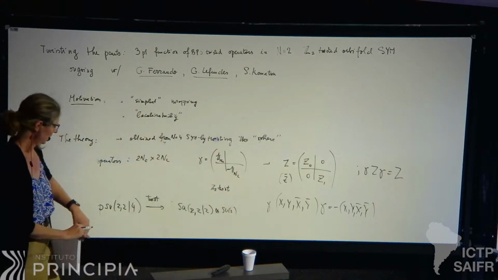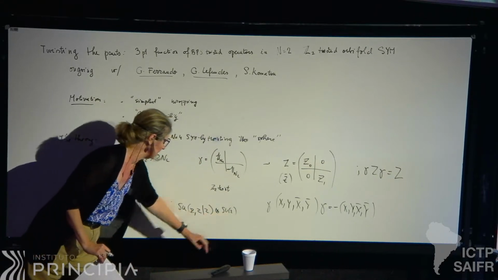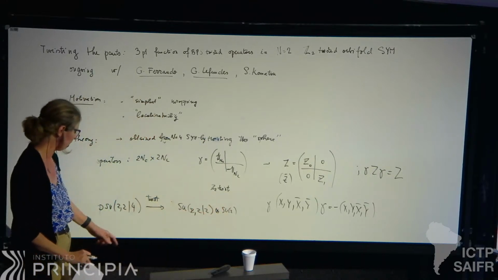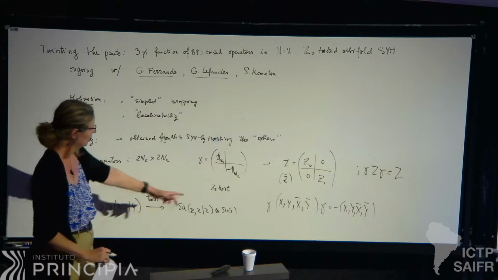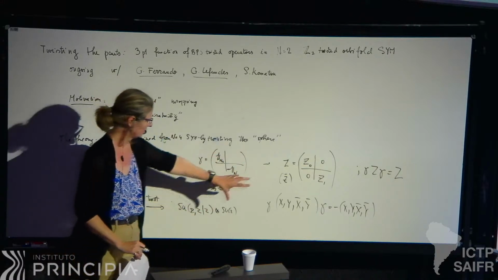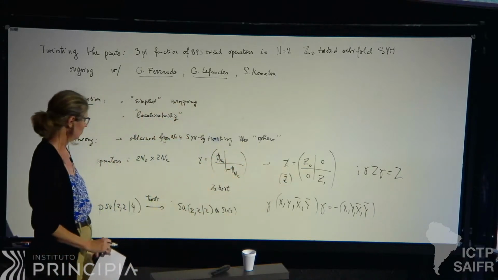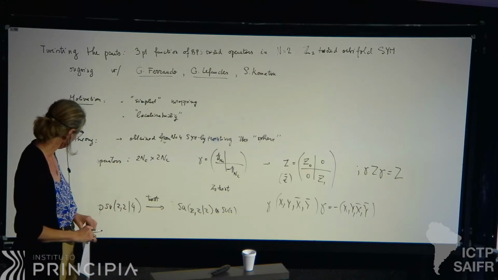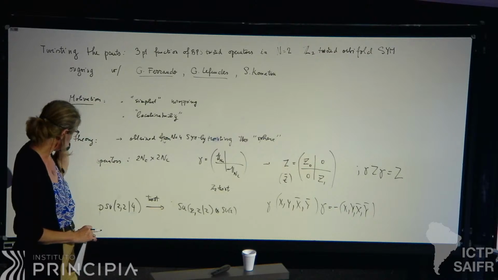So we are breaking part of the R symmetry, which is not SU(4) anymore. It's SU(2) times SU(2). This is because of the action of the twist on the R symmetry, on the operators that are transformed by the R symmetry.